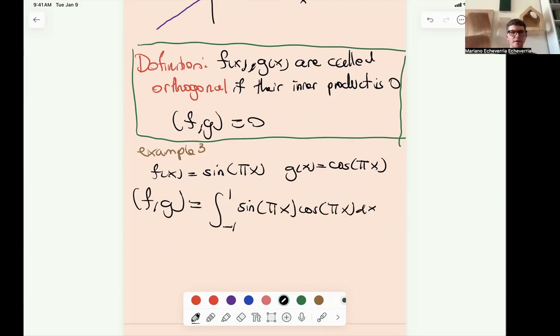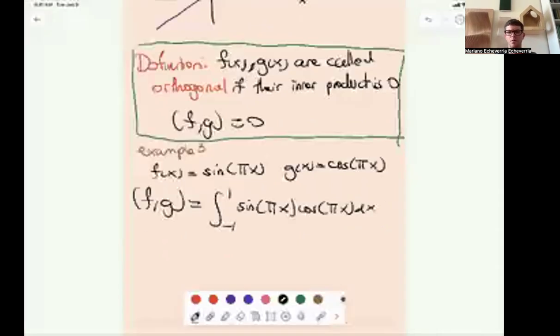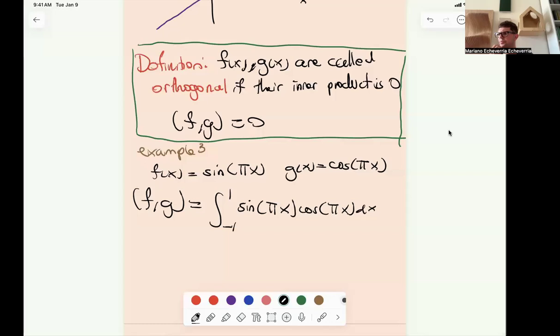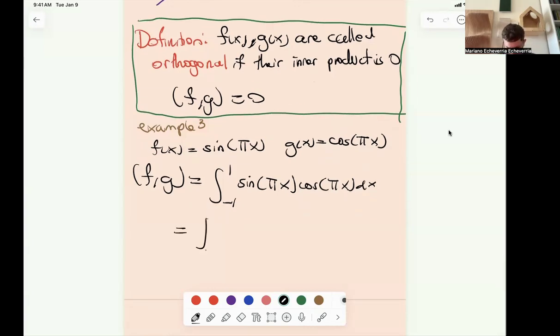Okay, and if you wanted to integrate this, you have to remember the double angle formula, that this is the same as 1/2 the integral of sine of 2 pi x dx.